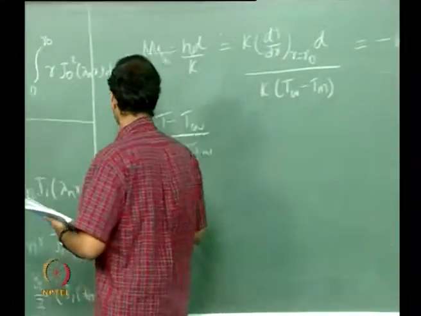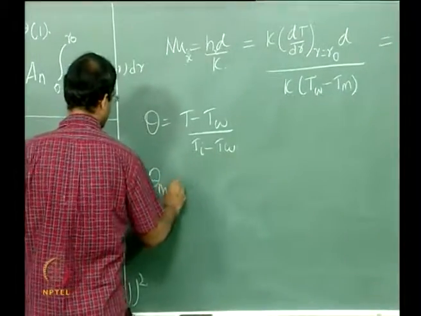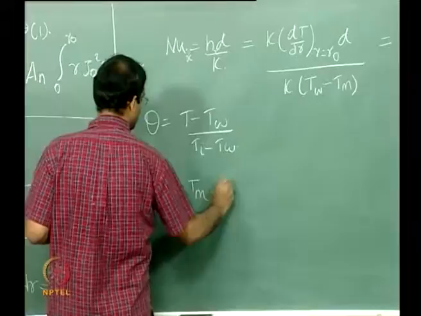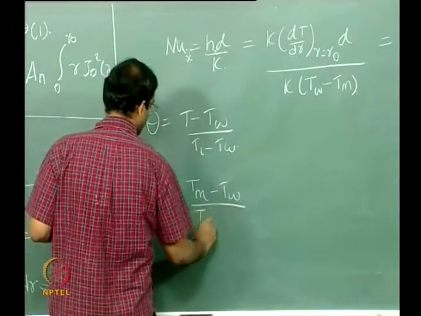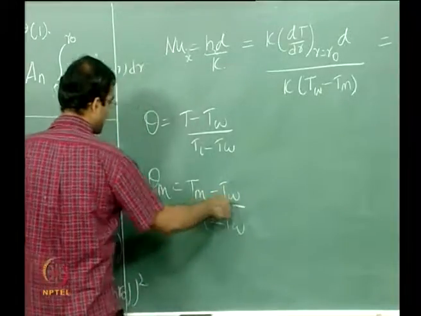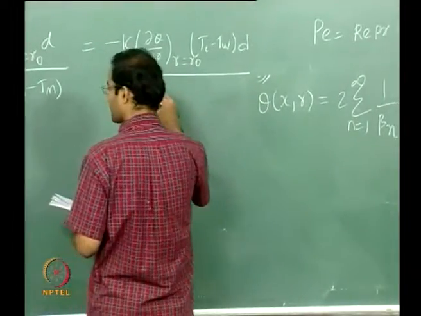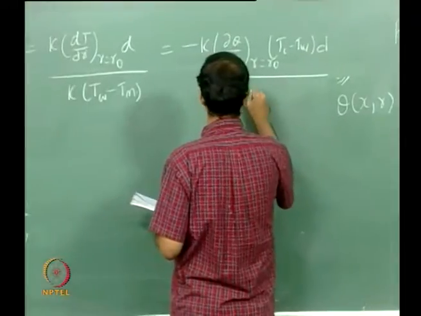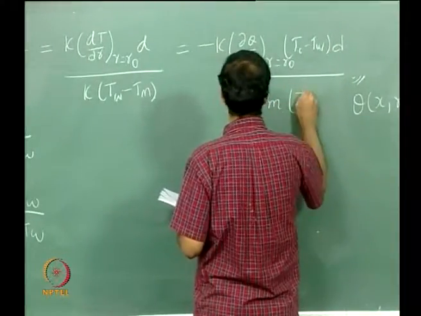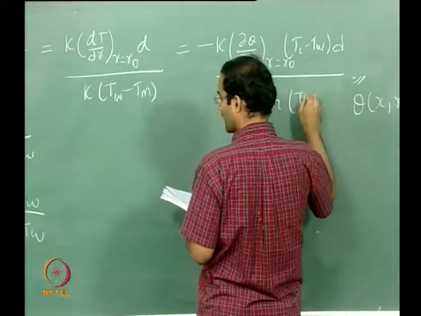So I can define theta mean as T mean minus T wall by Ti minus T wall. So I can write T mean minus T wall as Ti minus T wall into theta m. So K into theta m into Ti minus T wall.